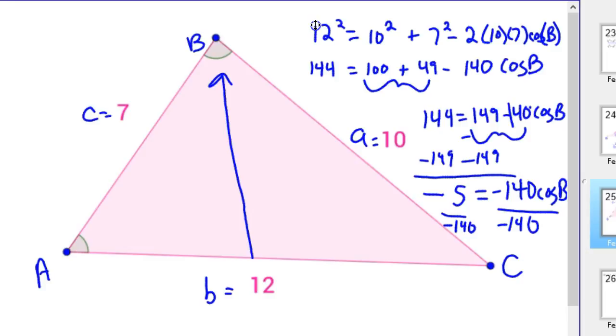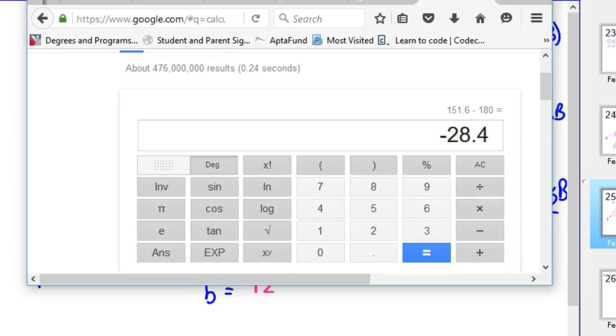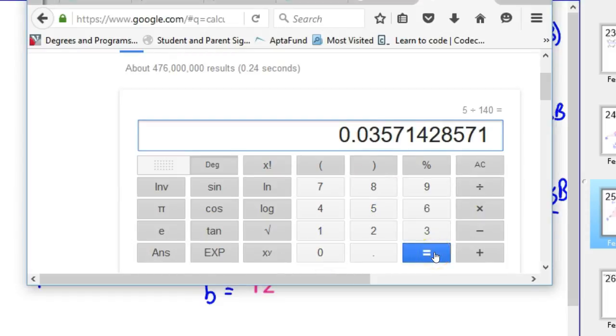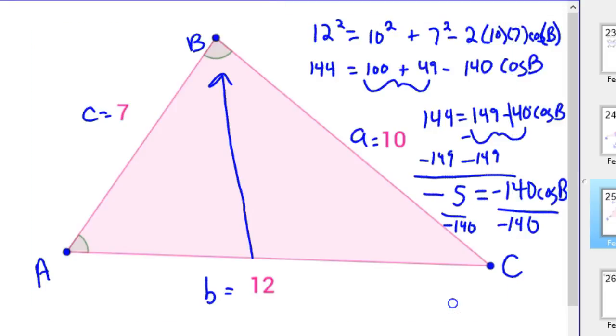Whatever 5 divided by 140 is, two negatives make a positive, is 0.035714, and so on. So we know cosine B is equal to that.